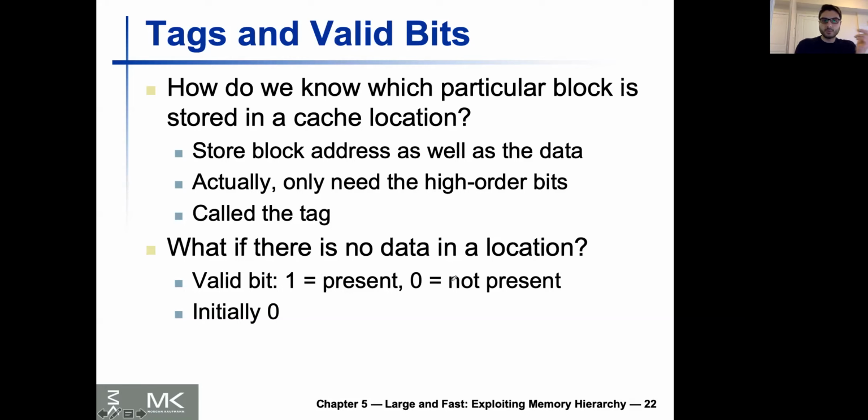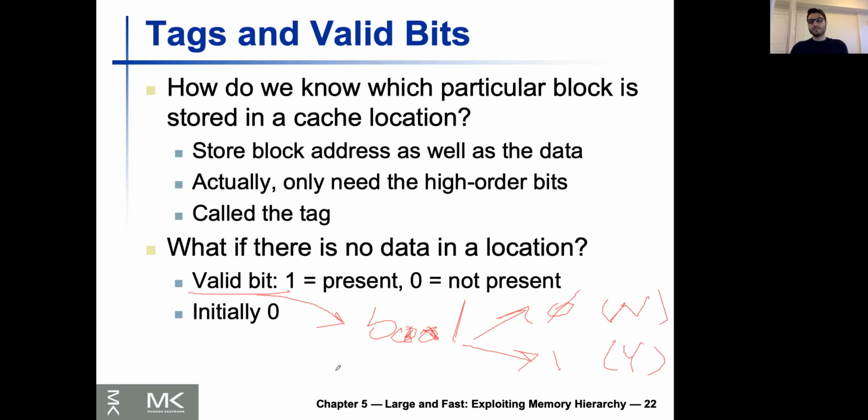Sometimes it's a bool, so either 0 or no, or a 1, which is a yes. Okay, so that's a valid bit. When you restart your computer, the cache gets flushed, so all of them are not valid, or 0. And then as you access them gradually, they're gonna become valid.